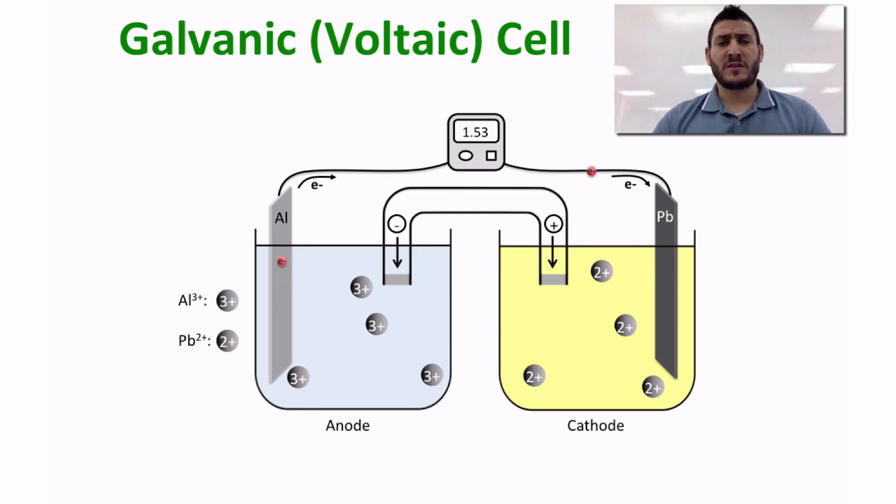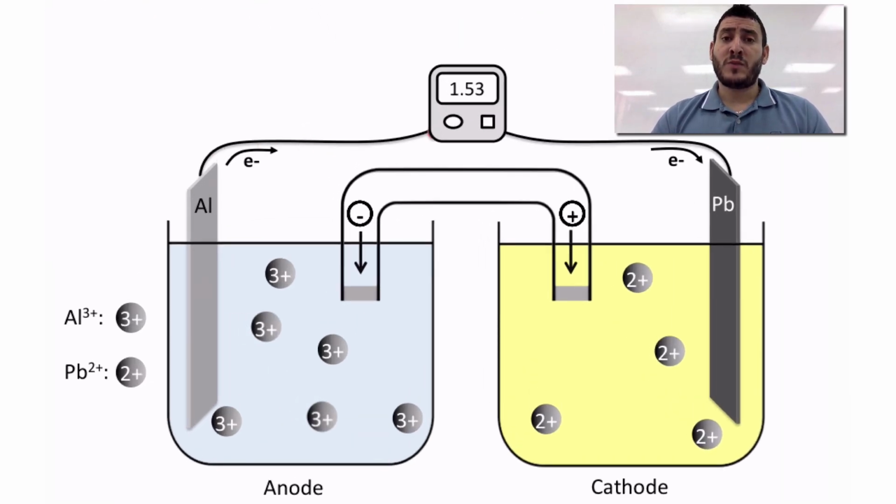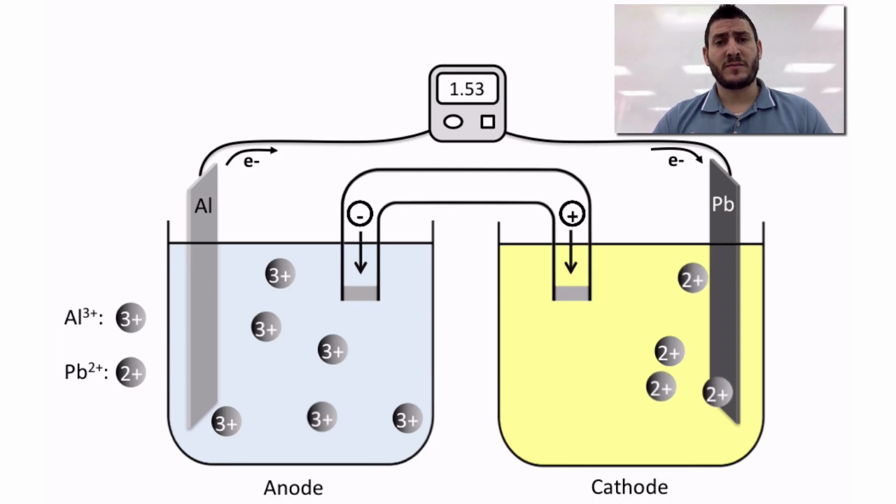Maybe this is not clear. Let's take a look at the following example. The anode compartment is becoming more positive, and the cathode compartment is becoming more negative. And the positive charge of the anode compartment will attract the electrons and therefore will prohibit the electrons from getting transferred to the cathode.